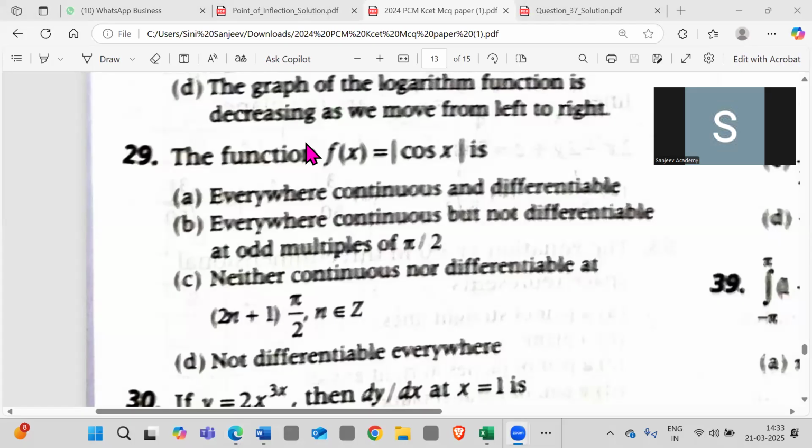Let me check. Those who have done it, just send me how you got it also, because it's again a learning question, that's the reason.